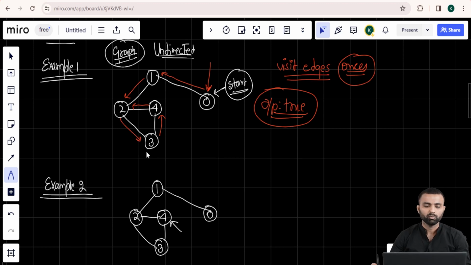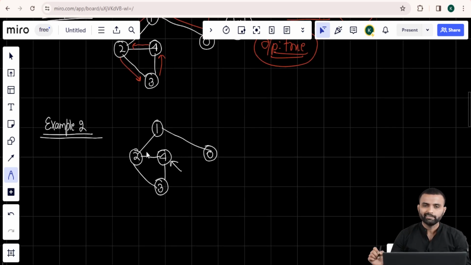Let's see a second example. Suppose we have the same graph, but I am starting from this vertex. In this case, I have two paths, I can go to 2 or 3. Let me first go to 2. Again I have two directions, I can go to 1 or 3. Let me go to 3 first.